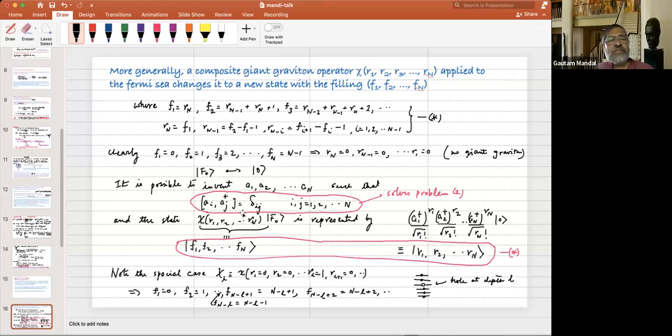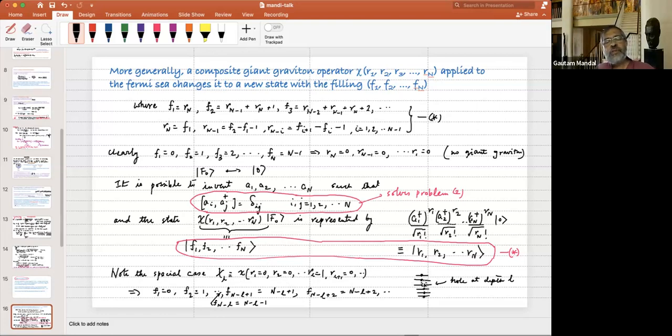Okay. So this correspondence actually sets up an isomorphism between the fermionic Hilbert space and the bosonic Hilbert space. Once more, in this language, I have shown that this map between the Fi's and the Ri's ensures that when L is equal to 2, that is to say only R2 is equal to 1, or when there's a single giant graviton of length L, then only RL is equal to 1.